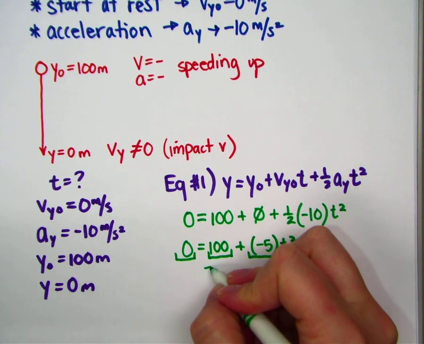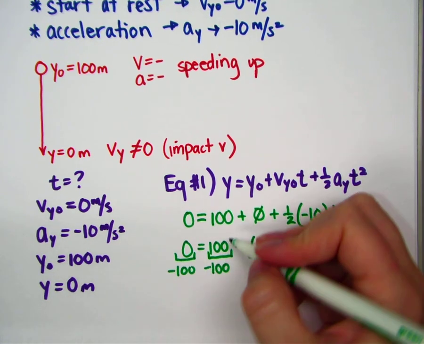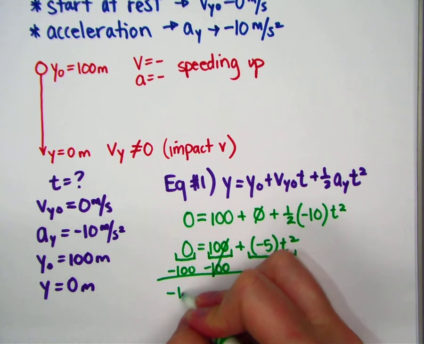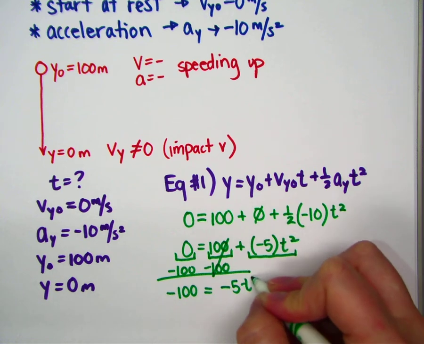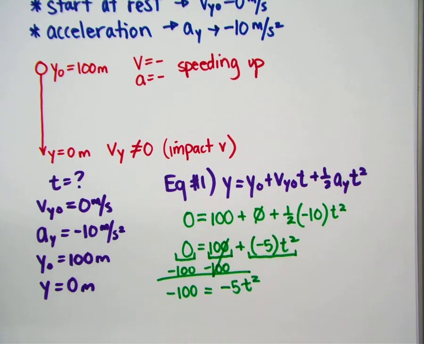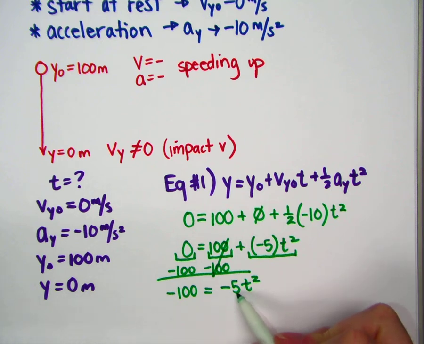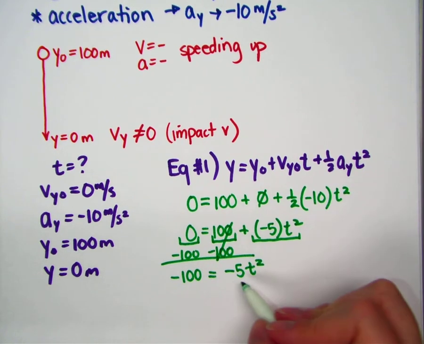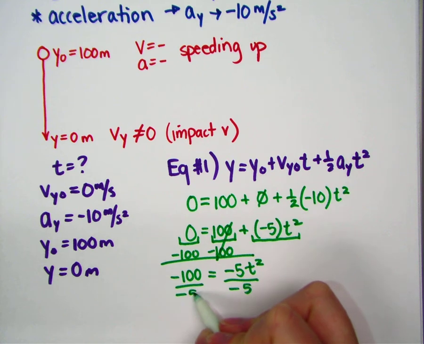I'm going to subtract 100, however, to the other side because 0 and 100 are like terms. Bring down the negative 5t squared. Now what? Well, the operation that is occurring between the negative 5 and the t squared is multiplication. Please undo multiplication by dividing. Make sure whatever you do to one side, you do to the other.